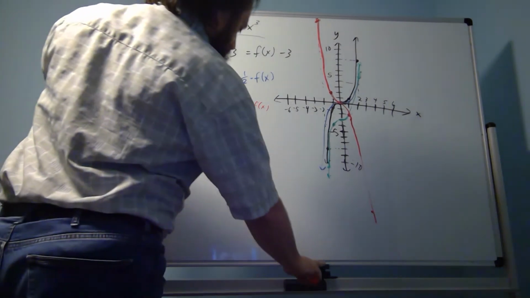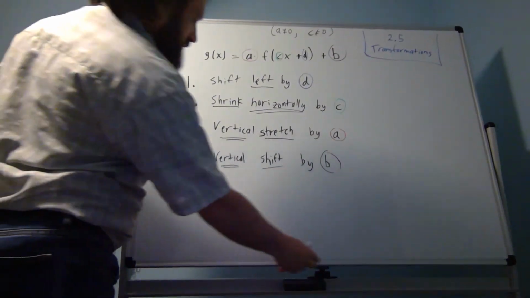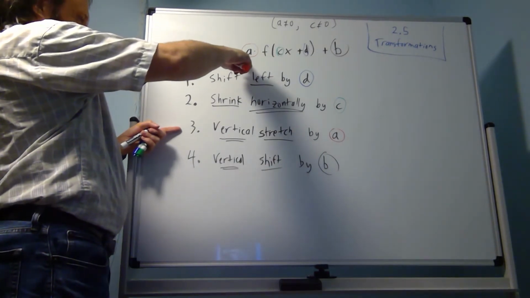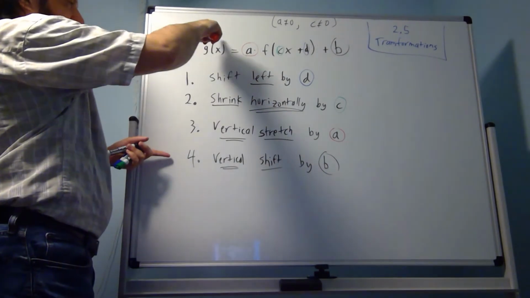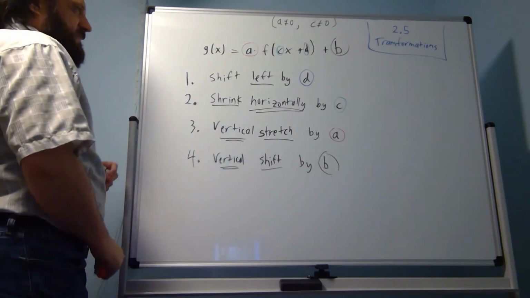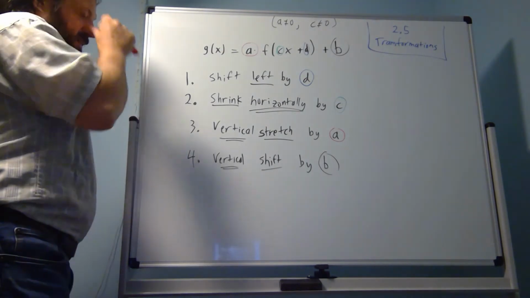All right, so let's sort of review what we did here. We have this one here. So vertical stretch, if a is negative, then it's also reflected. Stretching by a negative amount is like reflecting.